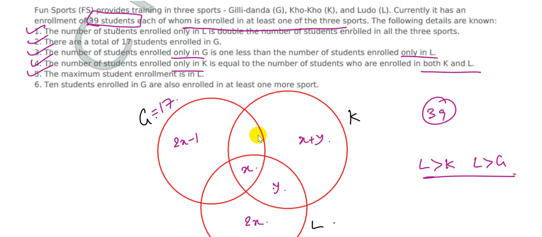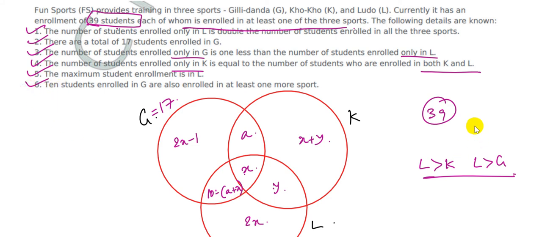That means the sum of this and this has to be 10. Right? So if I call this A, so this would be 10 minus A plus X. Right? Now this is all that I have.